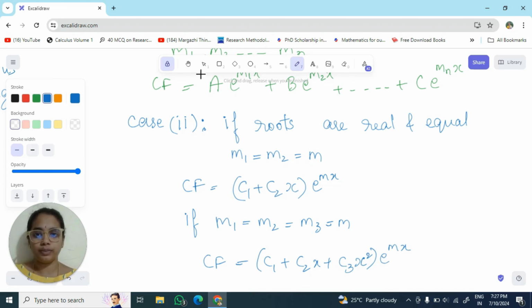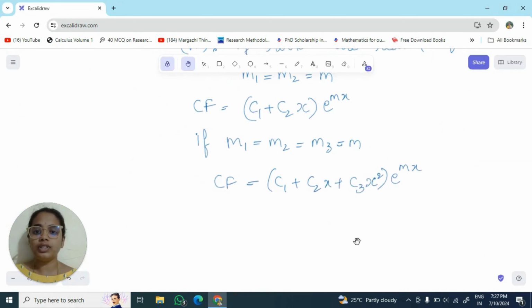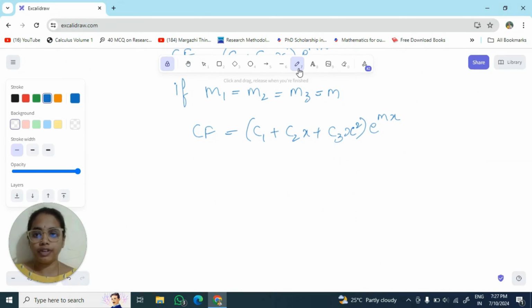So we are done with two types, right? The first one was real and distinct, then real and equal. What is the other possibility of getting a root? The other possibility would be, let me write it as case 3, that is if the roots are imaginary. What comes to your mind when I say imaginary? Say for example we have i, right? Complex roots over here.